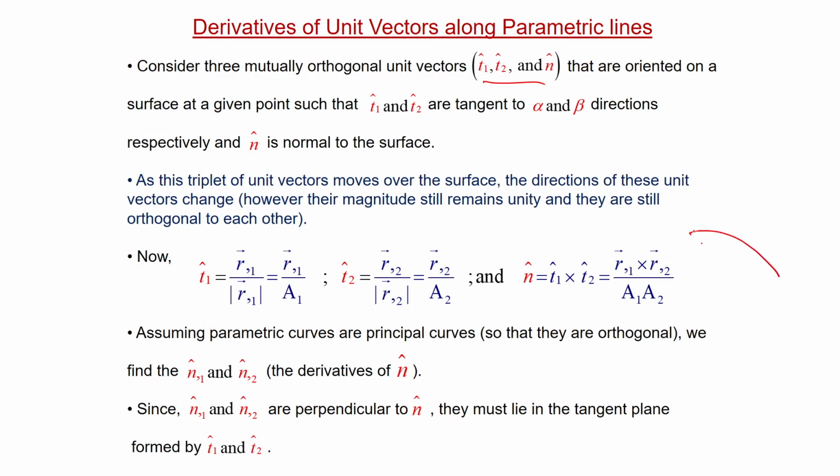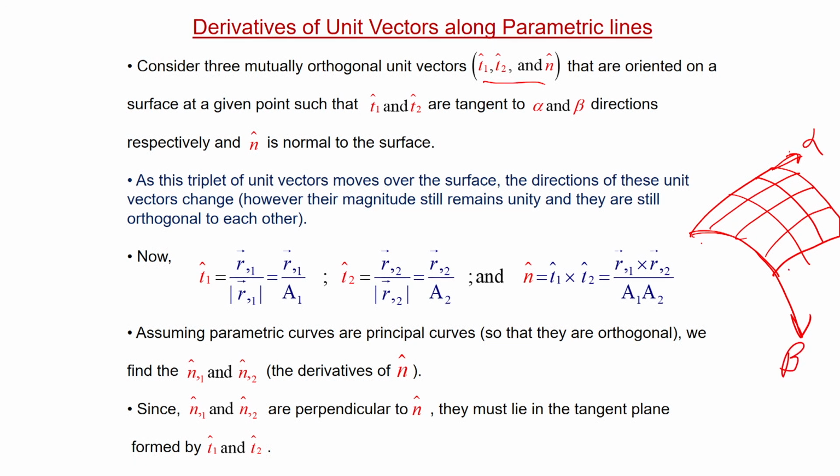On the surface, you may assume directions alpha and beta. Beta is increasing here, and on a particular line beta is constant and alpha is increasing. On a particular line here alpha is constant.